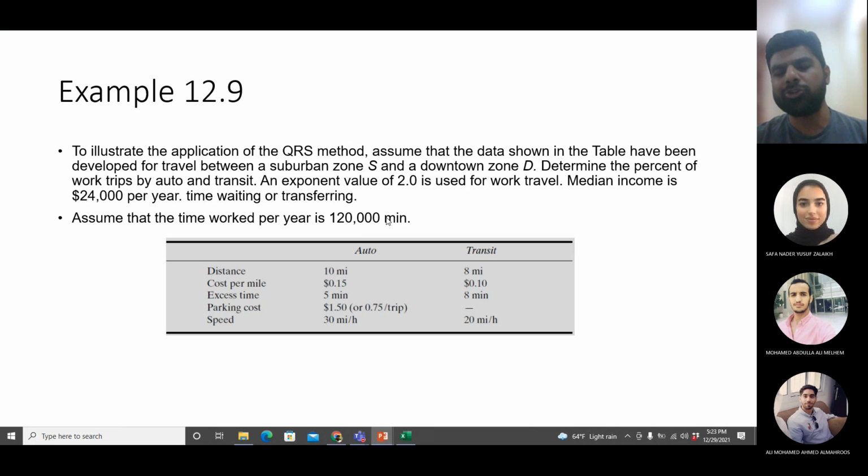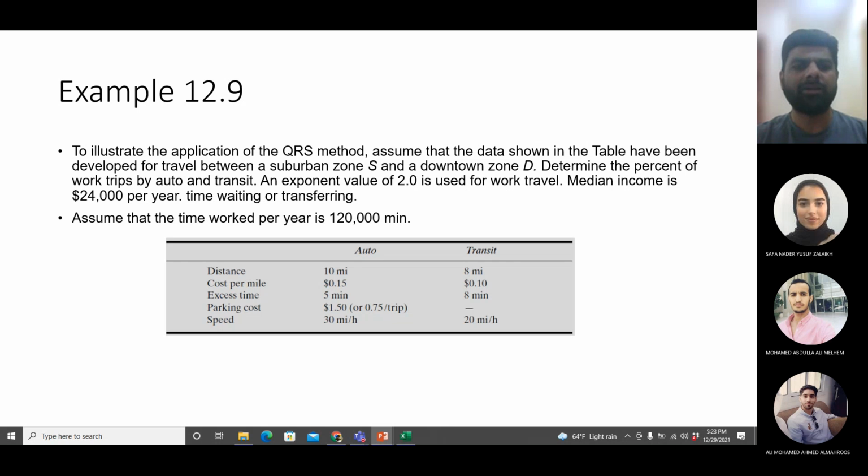How did you get it? Usually 40 hours per week. The 120,000 minutes is calculated using 40 hours per week: 5 days a week, each day 8 hours of working time, multiplied by the number of weeks, which is 52. So you will get 120,000 for the entire year.